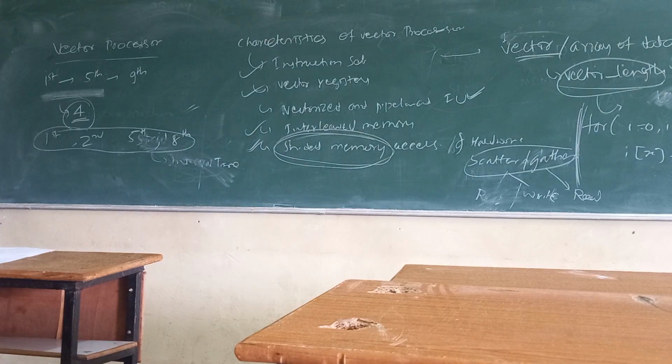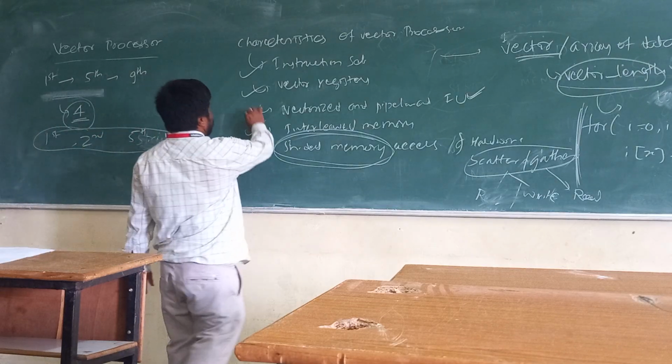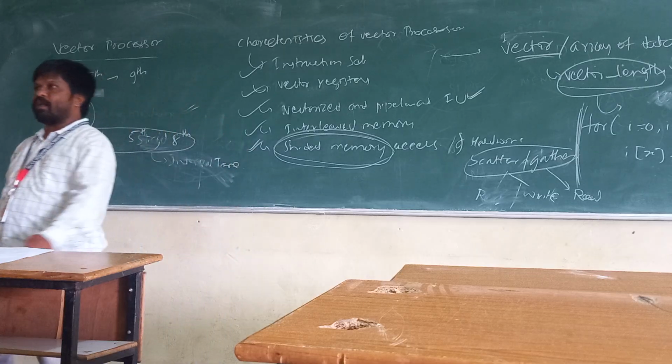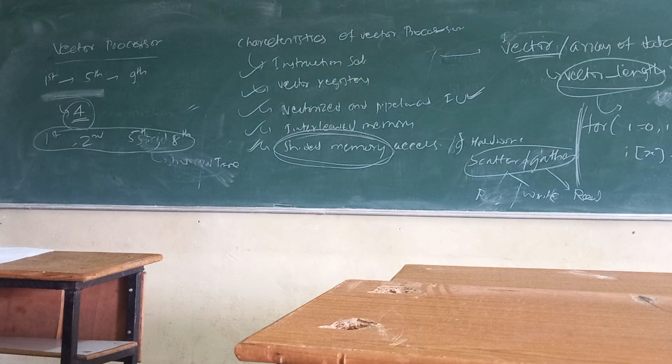Okay, and next is the vectorized and pipelined functional unit. Vectorized means, if you want to do some operations, one element with the second element, with the third element, with the fourth element, we are doing some operations.